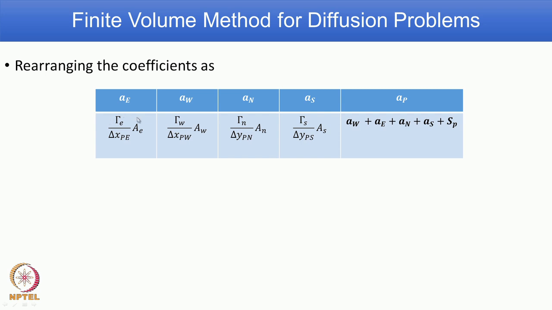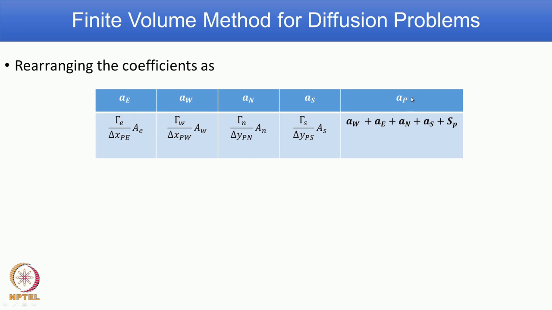You can immediately recognize a E is gamma e by delta x PE times A e, then a W is gamma w by delta x PW times A w, gamma n by delta y PN times A n is for a N, and gamma s by delta y PS times A s is for a S.